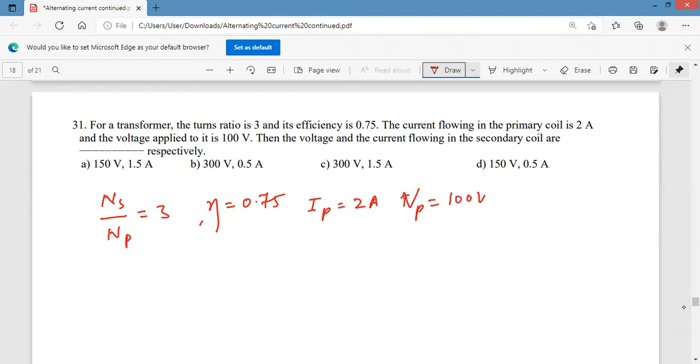Then the voltage and current flowing in the secondary coil: you know that NS by NP is equal to VS by VP. You can apply this formula directly.